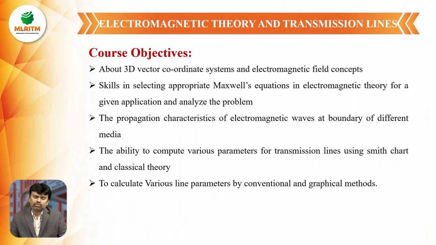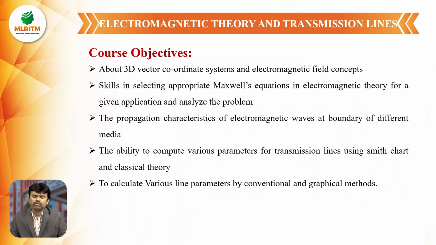Next, the fourth objective is the ability to compute the various parameters of transmission lines by using the Smith chart. The last part of this course, transmission lines, consists of two modules. Using the Smith chart, we will calculate the parameters of various transmission lines.